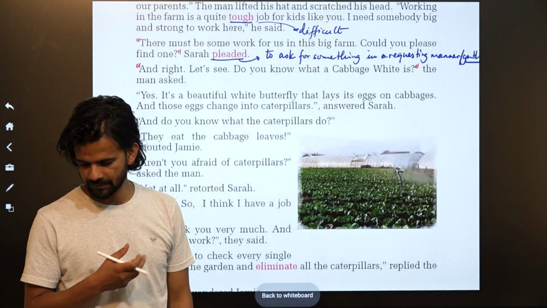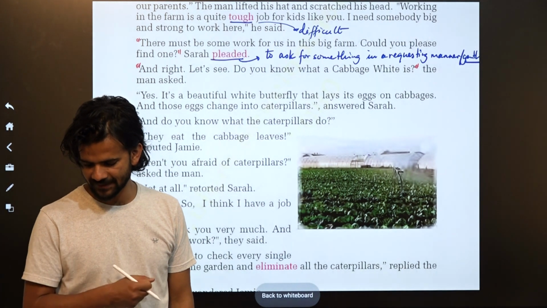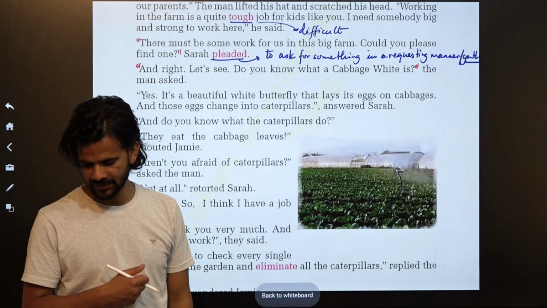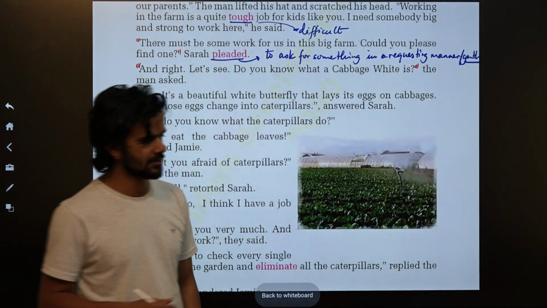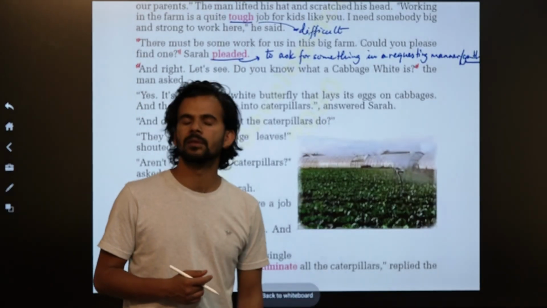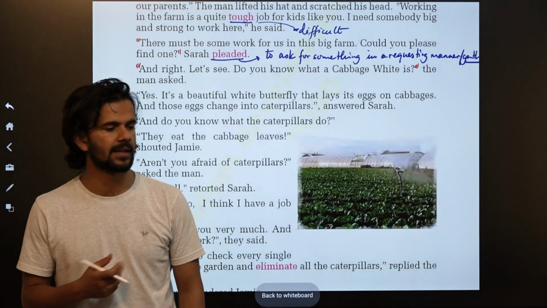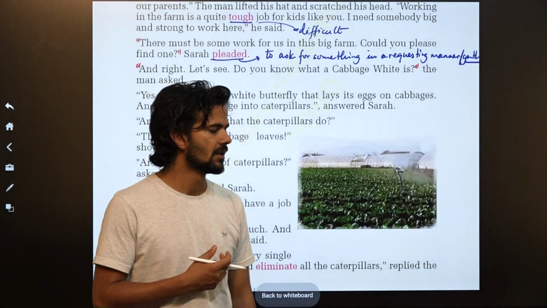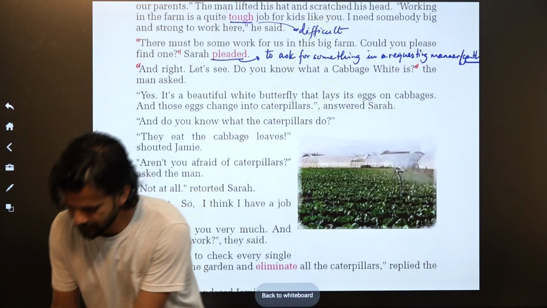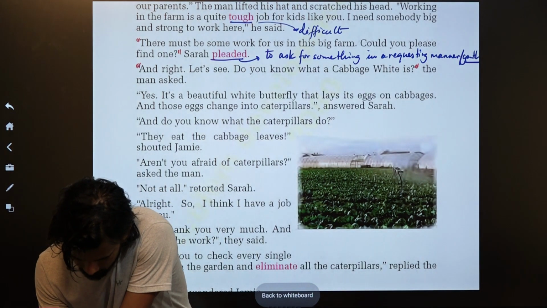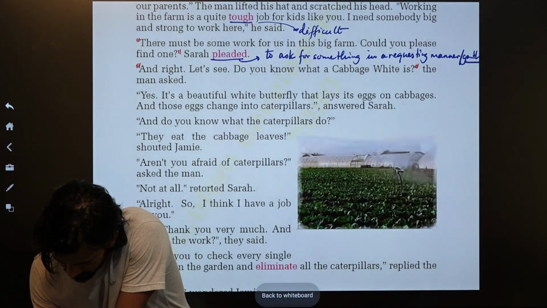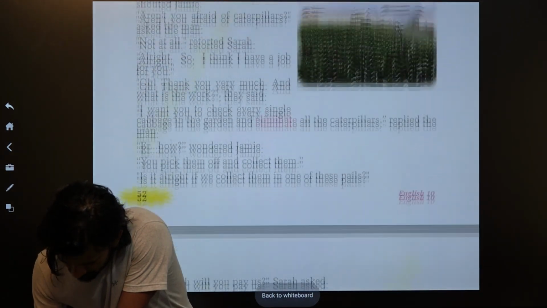Where do they put their eggs? On the cabbages. And those eggs change into caterpillars. You know the story, right? You know the life cycle of the butterfly. What happens? The butterfly lays eggs. Pupa, caterpillar, larva.